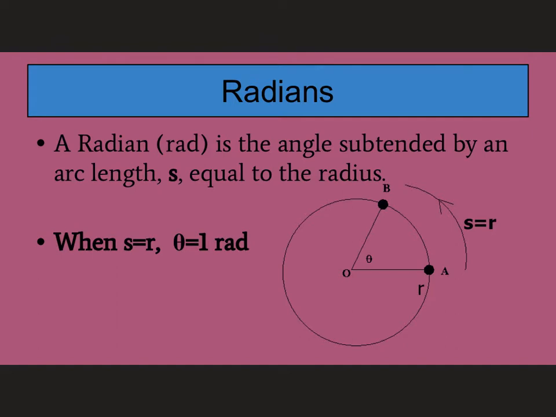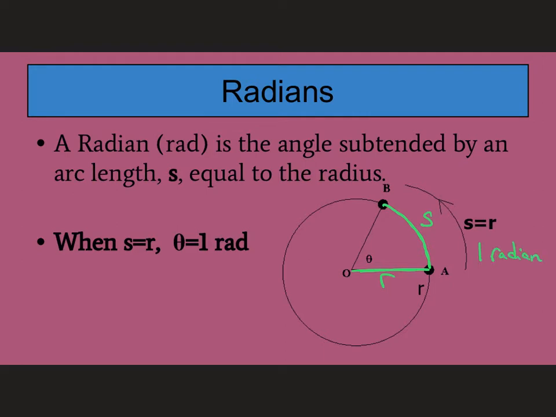By definition, a radian is the angle subtended by an arc length s equal to the radius. So when this arc length s is equal to this length r, that is 1 radian.